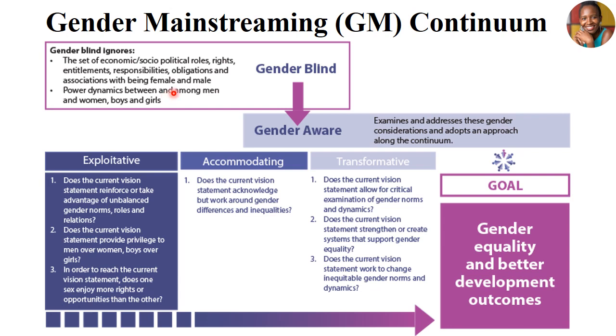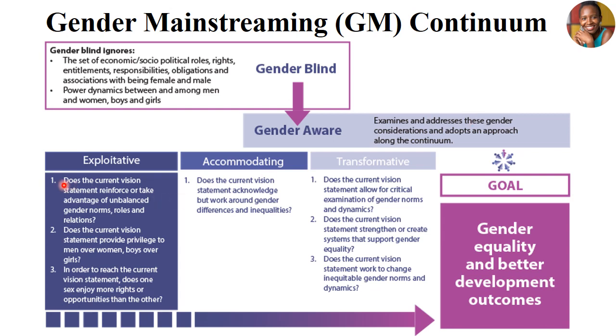However, with the development of gender awareness, we start to examine and address the different gender considerations, and so we adopt an approach along the continuum. Once gender awareness has been achieved, or you have become aware of the different needs and priorities pertaining to the genders, then you can pick a point on the gender continuum.